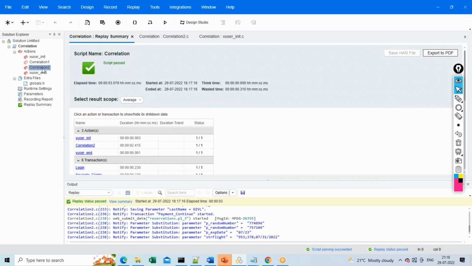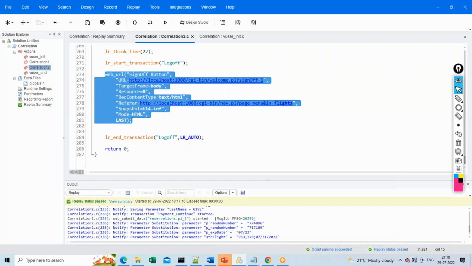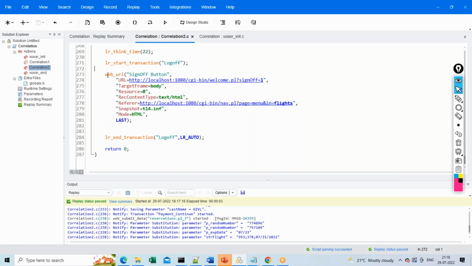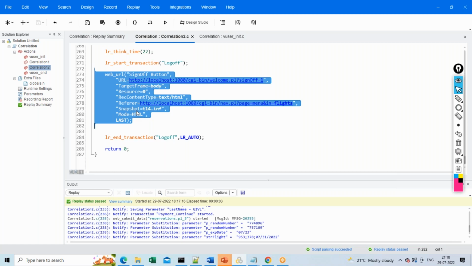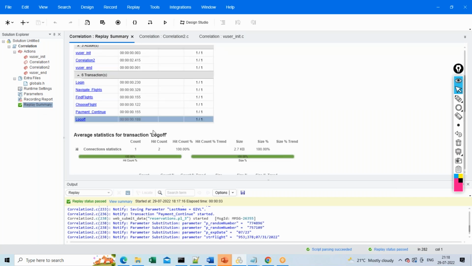For example, let's say this is one script, and this is a request. In the demo session yesterday I showed you, this is how the log of a request will be. When this request gets executed, you get some time. Here you see this is the response time, 0.188 seconds.